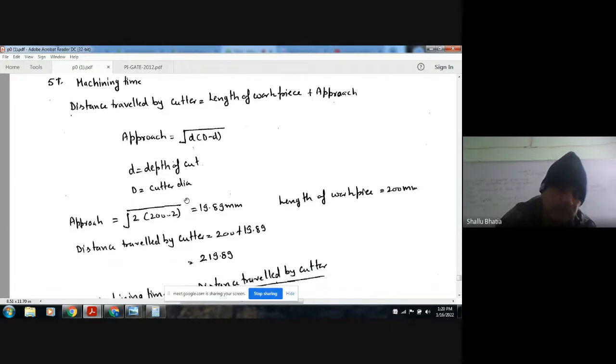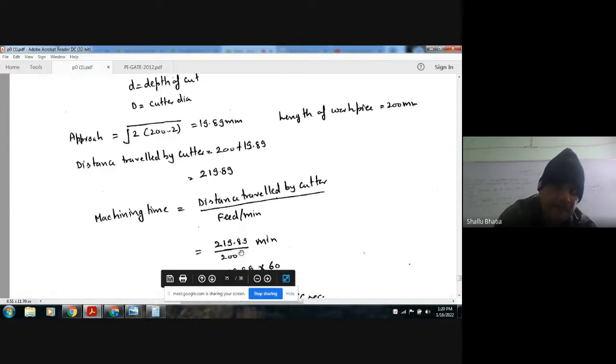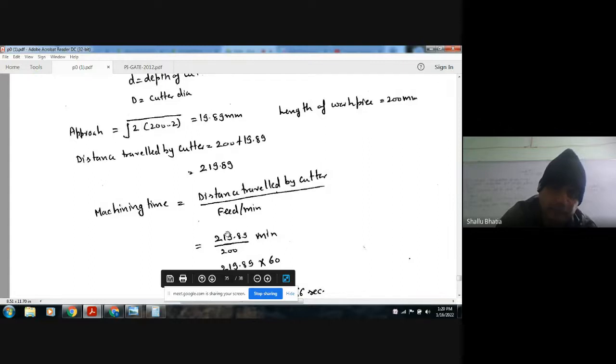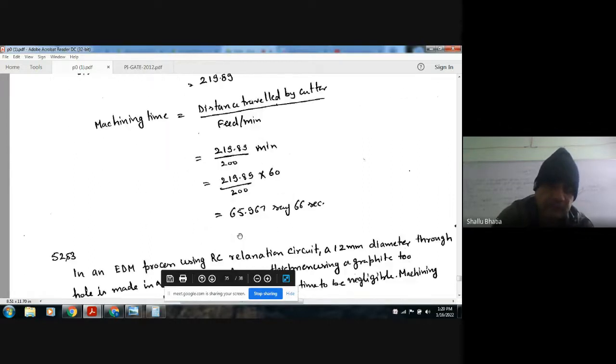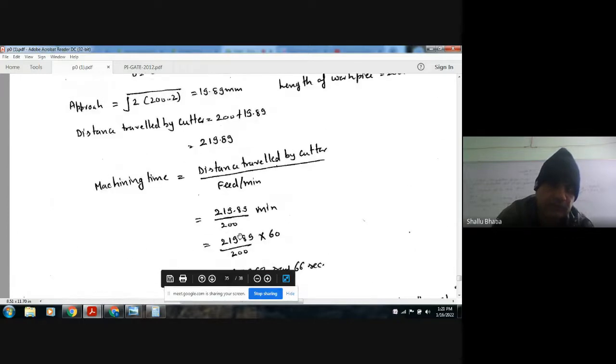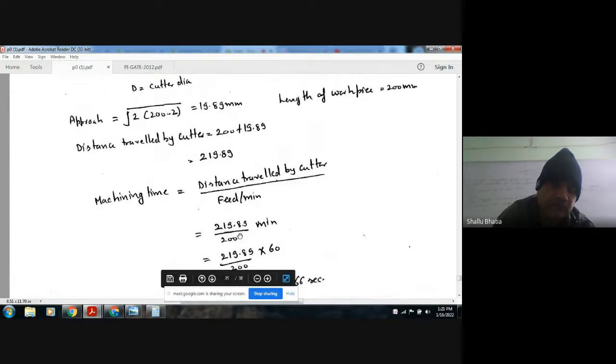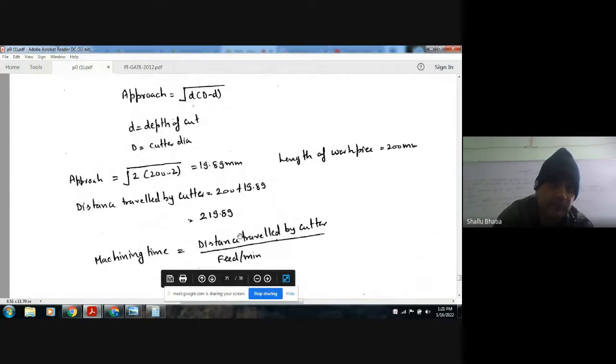This is the total distance that the cutter has to travel, and feed per minute is given as 200. So machining time is given by this, and the answer is 55.697, or 56.